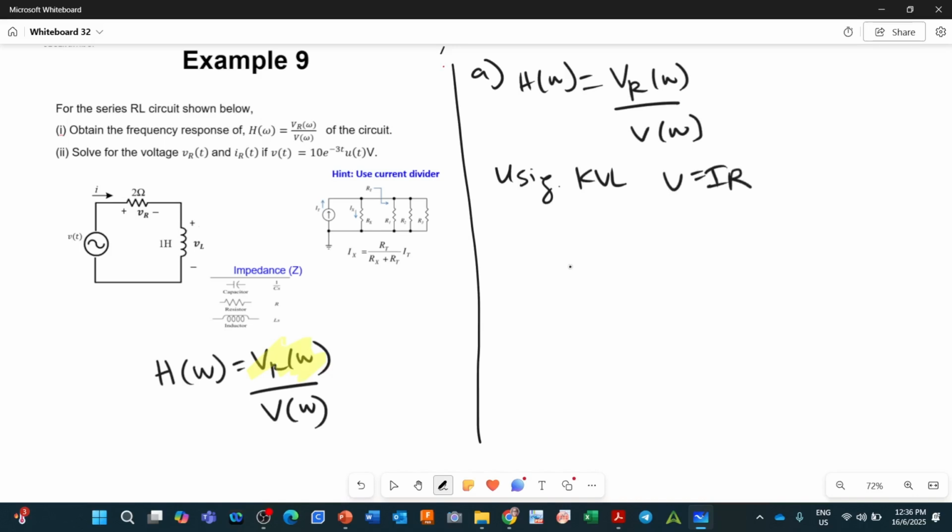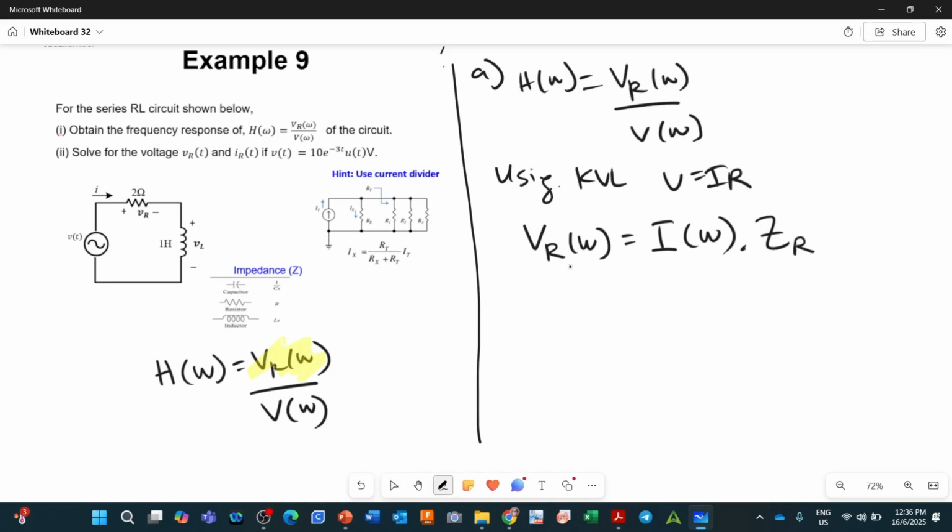So we are going to find what is VR omega. VR omega is equal to I omega. We are writing it in terms of frequency domain directly. So I omega multiplied by R. Remember, we change it into impedance, so multiply by ZR.